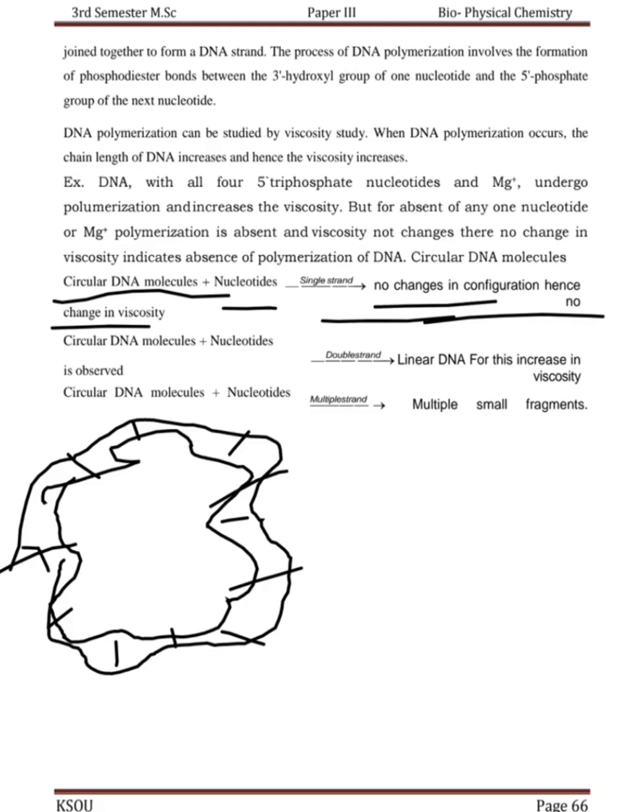So no change in the conformation, hence no change in the viscosity. When circular DNA molecule plus nucleotide forms a double strand helix, the linear DNA increases and the viscosity increase is observed. So viscosity also increases in the second step. In the third, circular DNA molecule plus nucleotide again, there will be multiple strand formation. So multiple small fragments will be formed and large viscosity can be seen.